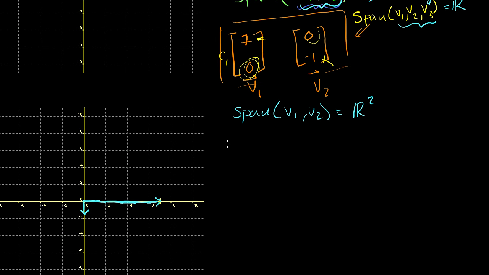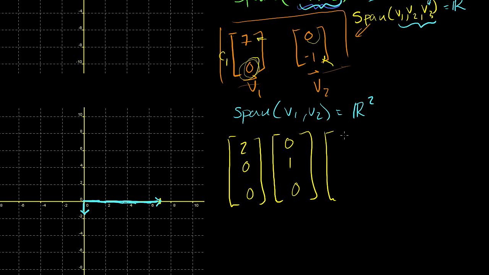So let's say I had the vector 2, 0, 0. I'll make a similar argument to the one I made up there. The vector 2, 0, 0, the vector 0, 1, 0, and the vector 0, 0, 7. Now, we're in R3, right? Each of these are 3-dimensional vectors.